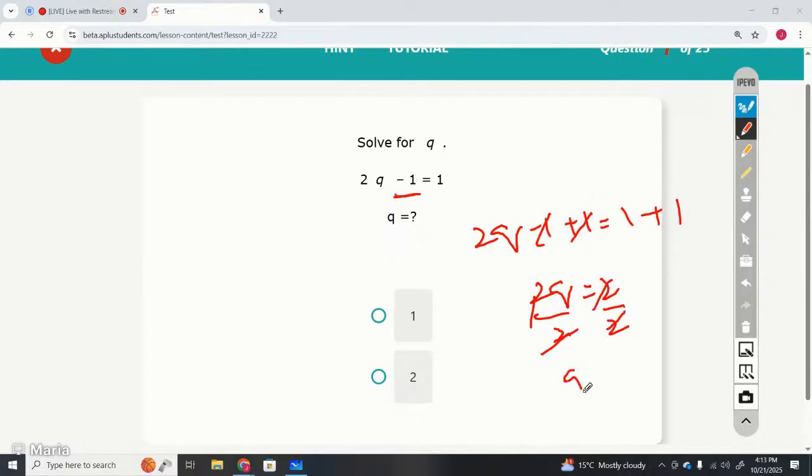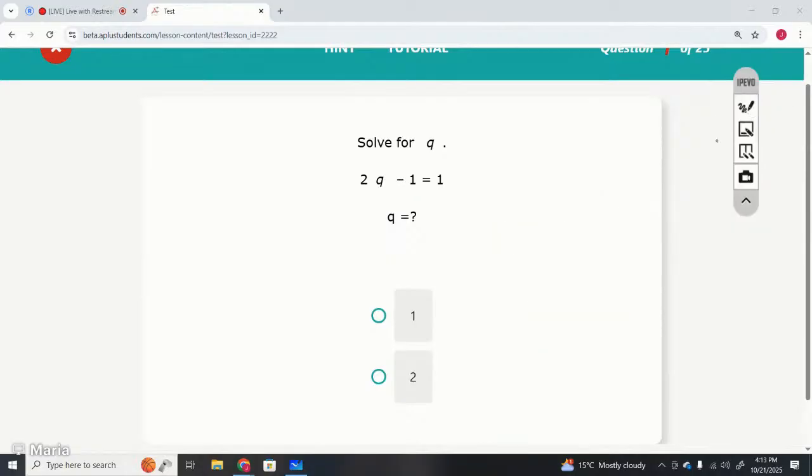So q equals 1. Option number 1 is the correct option.